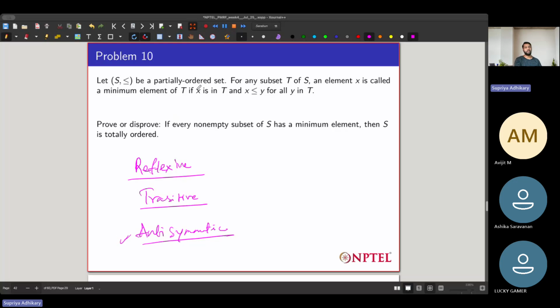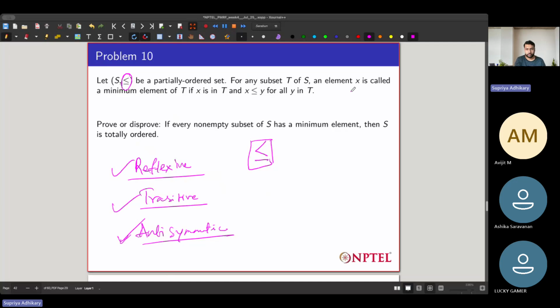And for a partial order set, we can call S a partial order set corresponding to this relation. So instead of this relation R, we usually use this notation, the less-than-or-equal sign. So this relation is called a partial order if it is reflexive, transitive, and antisymmetric. If these three conditions hold, then we can call it a partial order set.